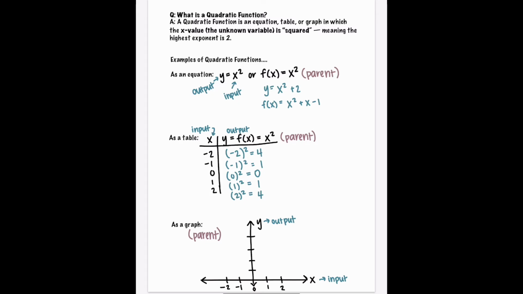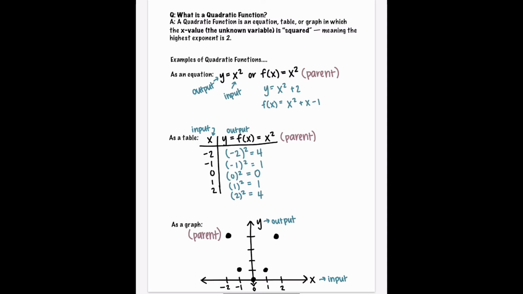When we put in negative 2, we got out a positive 4, and I'm going to mark a point there. Next, when we put in negative 1 as the x value, we got out a positive 1. So I'm going to mark that point. When we put in a 0, we got out a 0. When we put in a positive 1, we got out a positive 1. And when we put in positive 2, we got out a positive 4.